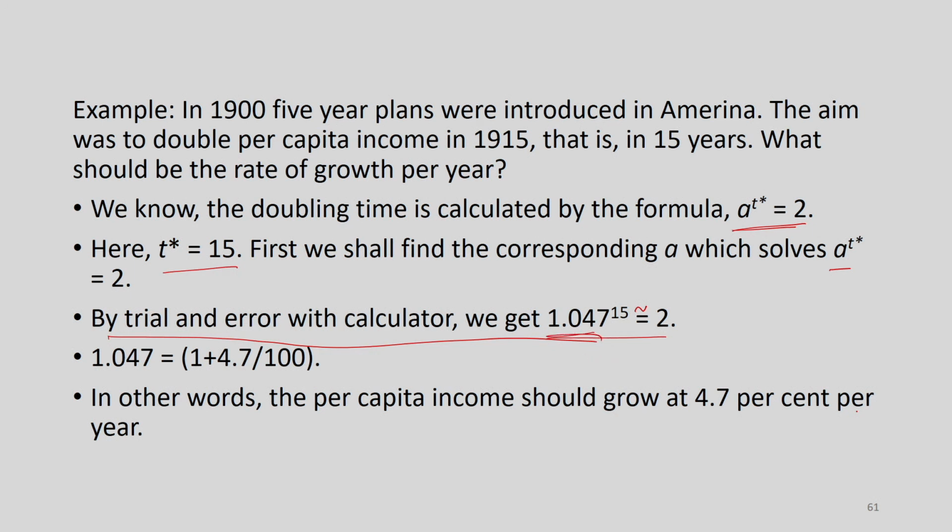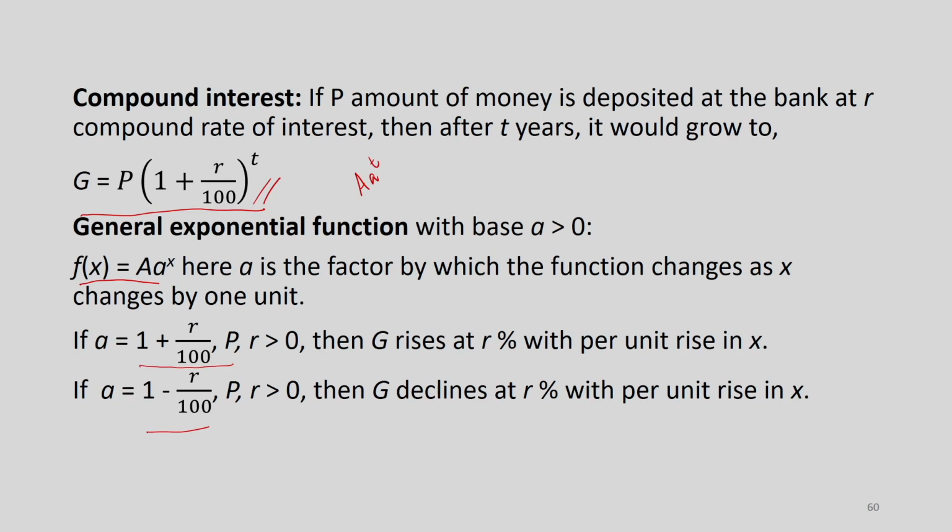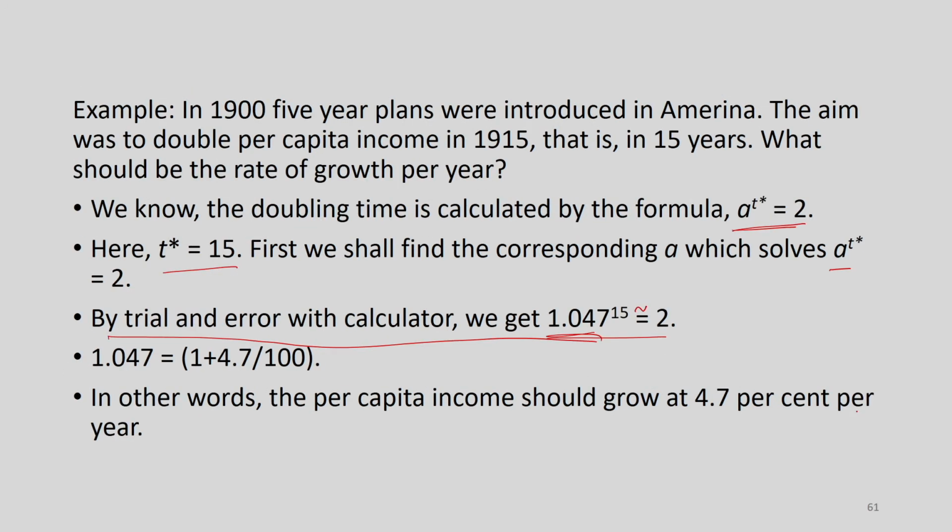Now, remember we have just seen in the previous slide that this relationship is there: a is equal to 1 plus r divided by 100. So, I can write this in this form, a is equal to 1 plus 4.7 divided by 100. 4.7 is therefore the rate of interest, not rate of the interest.